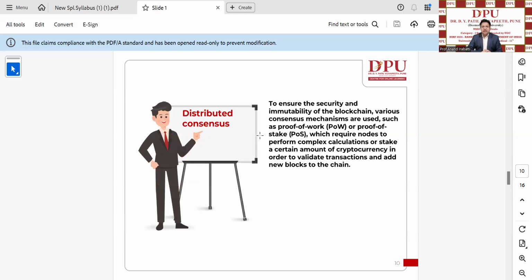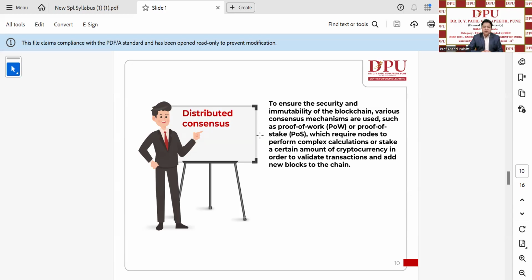The second pillar is the distributed consensus models. In order to understand the distributed consensus model, we need to understand the traditional banking system. What happens in case of a traditional banking system? Why do we need a bank? Why do we need an intermediary for traditional financial transactions? Because the bank is the intermediary who will validate, who will verify the authenticity of the transaction, isn't it?